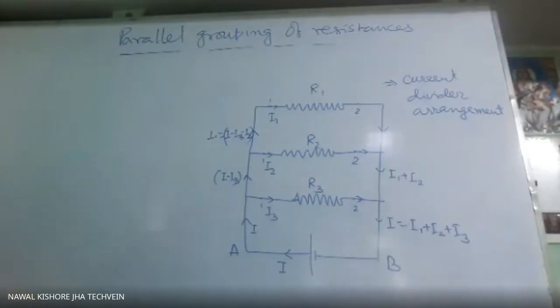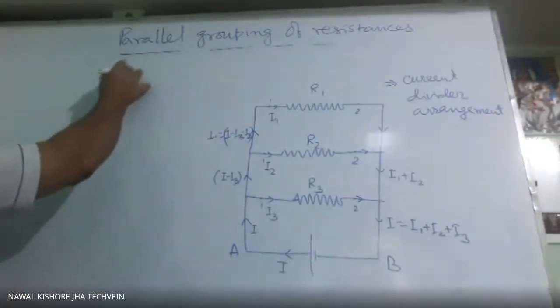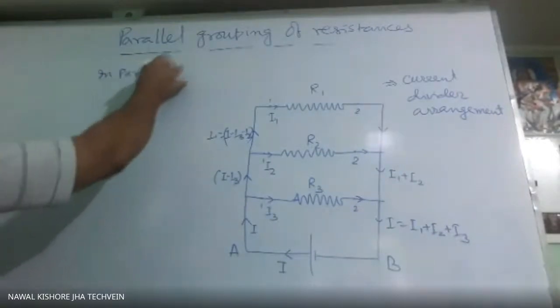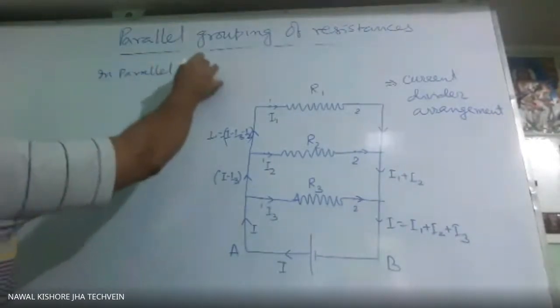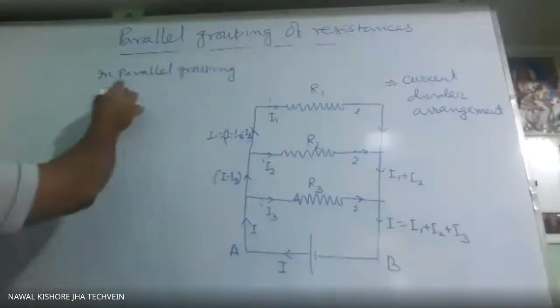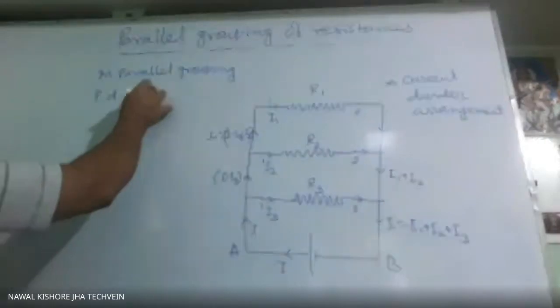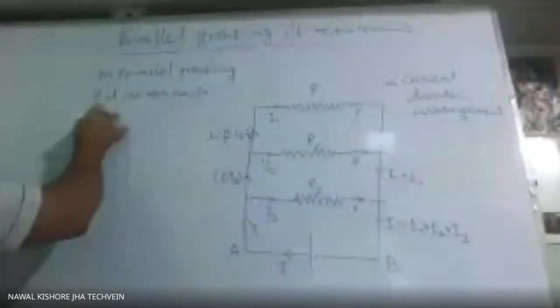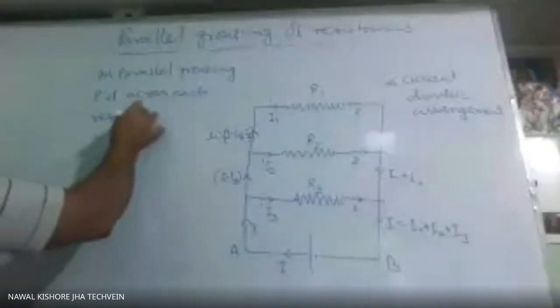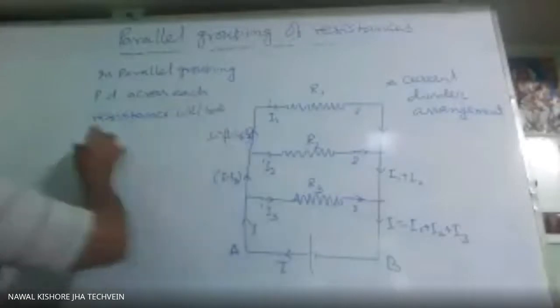So in parallel grouping, potential difference across each resistance will be the same.